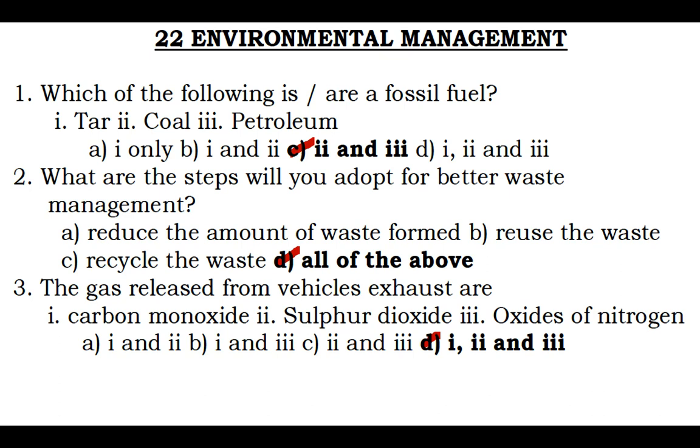Question number 2. What steps will you adopt for better waste management? Option D, all the above, that is reduce the amount of waste formed, reuse the waste and recycle the waste. Question number 3. The gases released from vehicle exhaust are. Option D, 1, 2 and 3, that is carbon monoxide, sulfur dioxide and oxides of nitrogen.